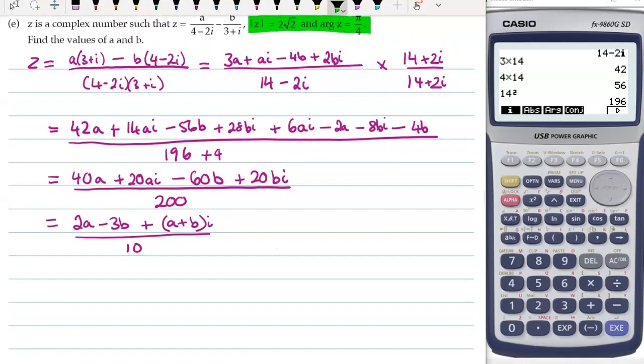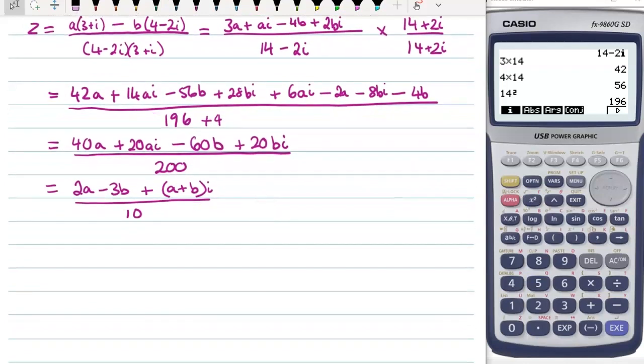So with the argument being equal to pi by 4, that means that you are on your 45-degree line on the Argand diagram, like this. So the real and imaginary parts will be equal to each other. So we will have 2a minus 3b over 10 is equal to a plus b over 10, and the 10s cancel. So we just have 2a minus 3b equals a plus b.